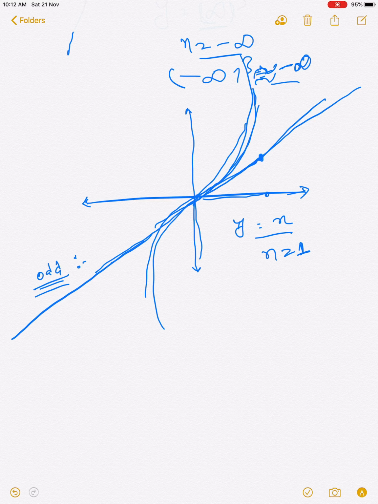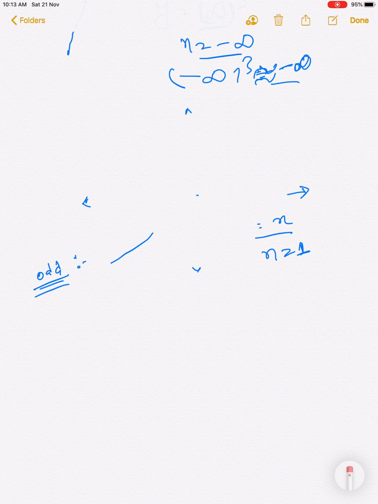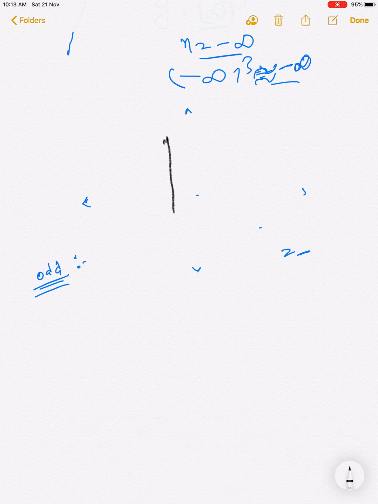So after taking it, if you measure the distance, let's say I've changed the color. Okay, so let's draw the graph.